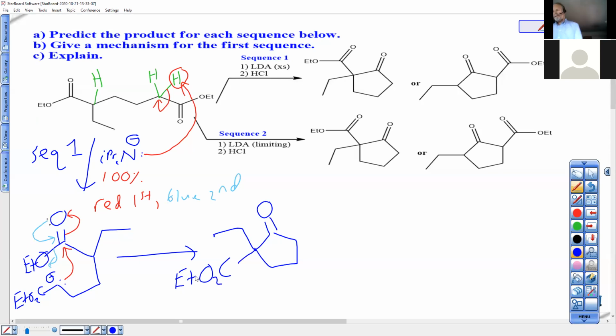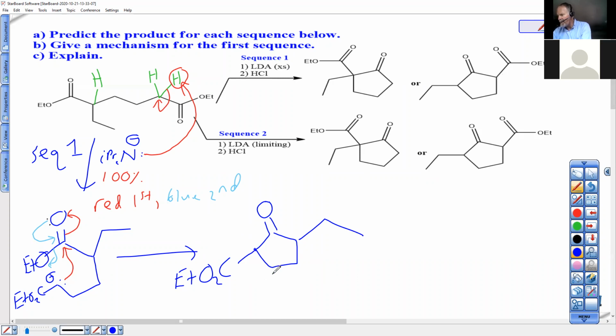Did I get the right product? I attacked here. This is not the product. There's still H's on there. This would give this, yeah, I just didn't move anything. But I just want to point out this is the mirror image of this.